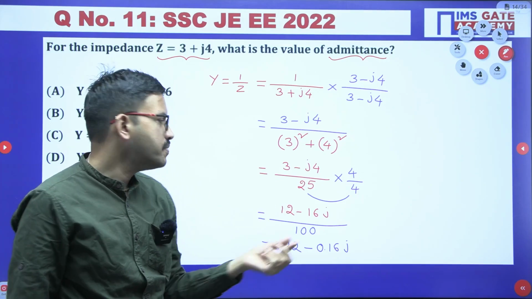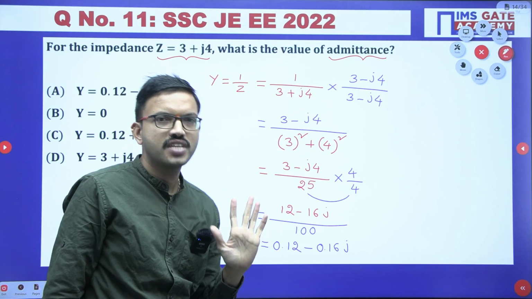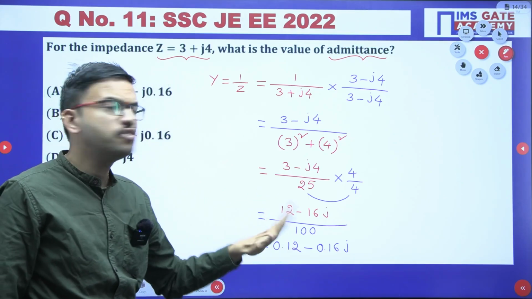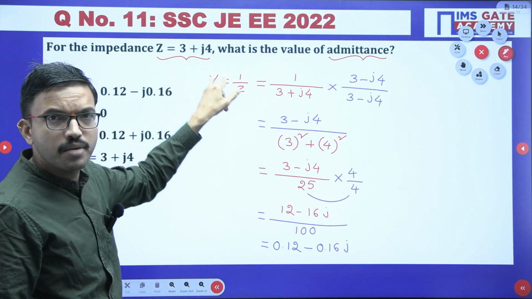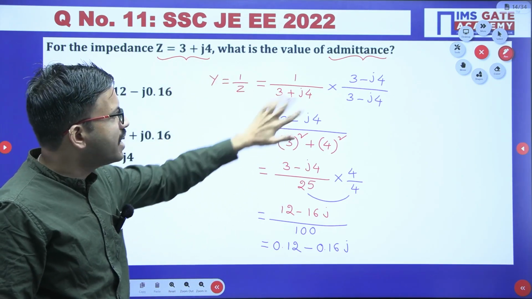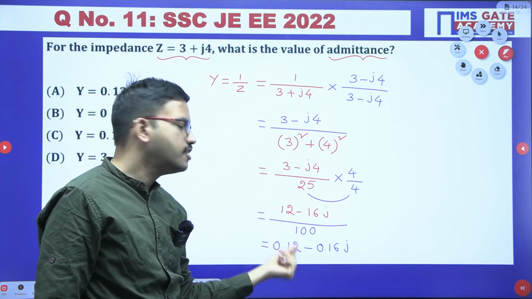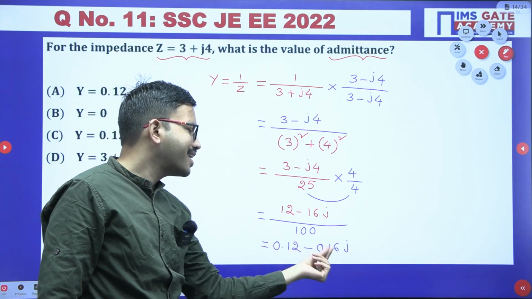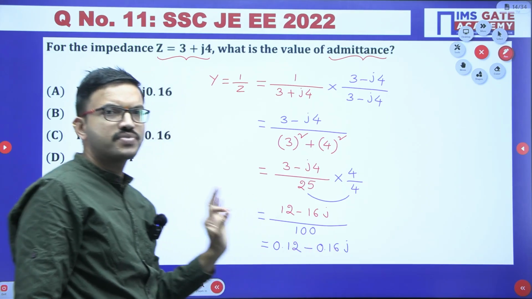That means the imaginary term you should get negative. This is common sense. This much observation you can do without using pen and paper, because you have both real part and imaginary part. So when you multiply and divide with the complex conjugate, after further simplification, regarding the imaginary term, you are getting negative. This is the conclusion point.